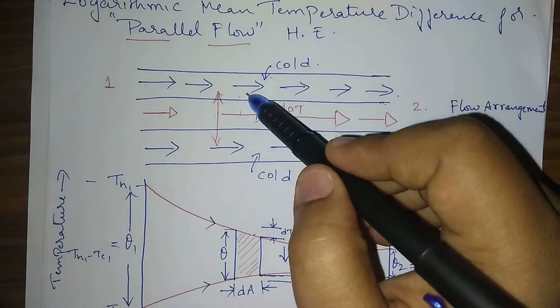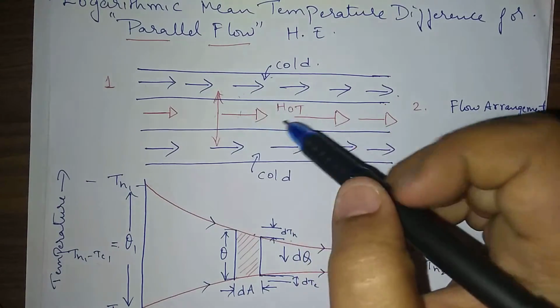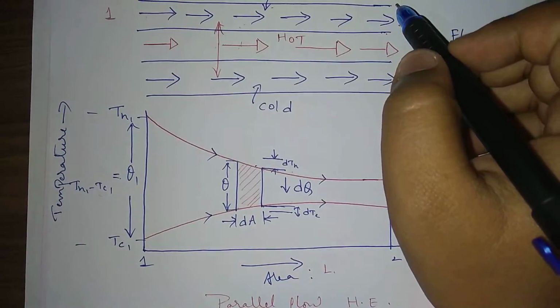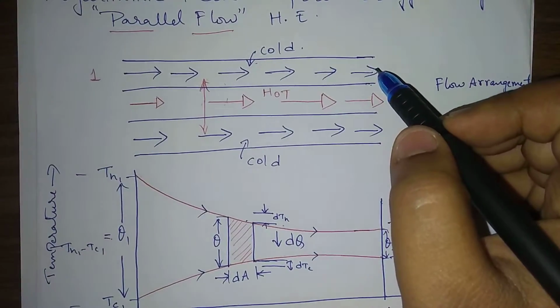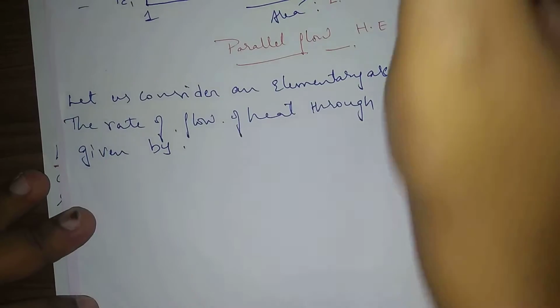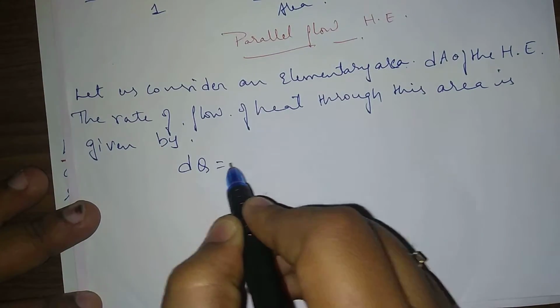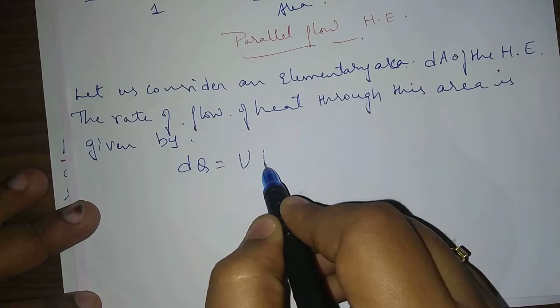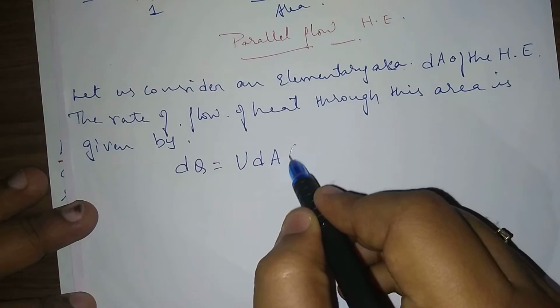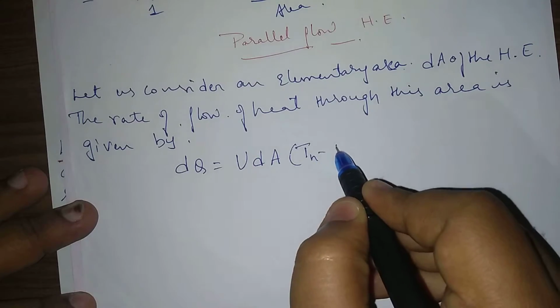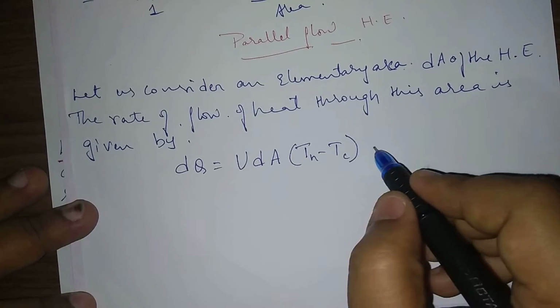So if you consider all those resistances, we have to consider the overall heat transfer coefficient. So dq, that heat transfer, is given by U times dA times (Th minus Tc).